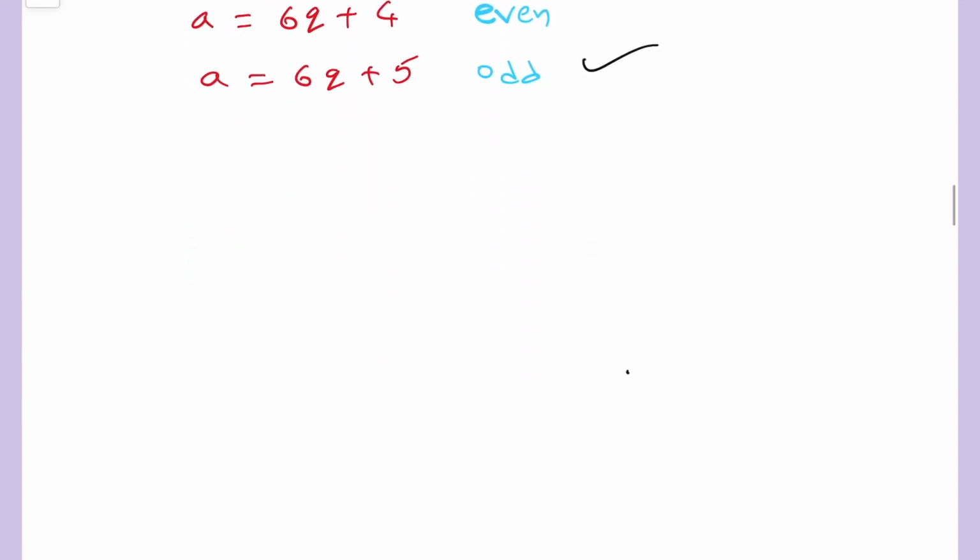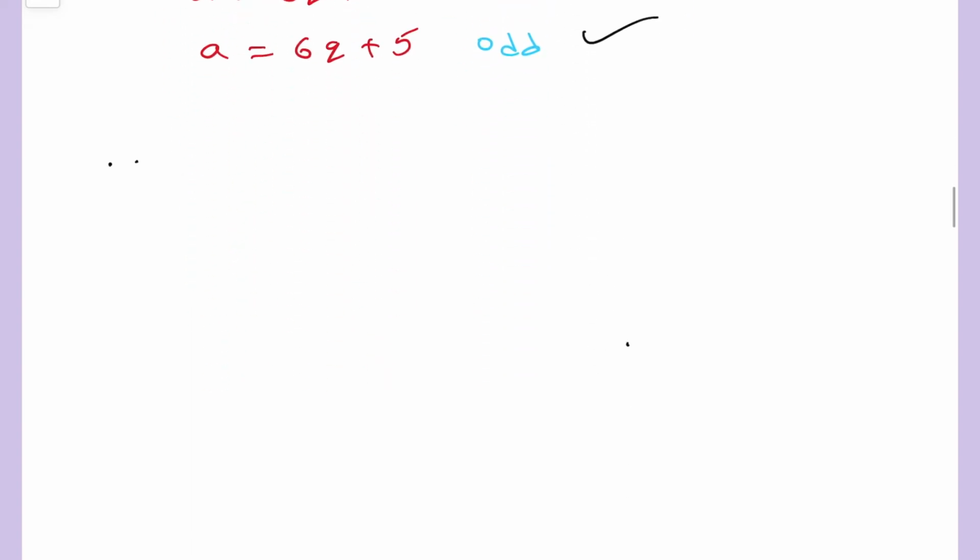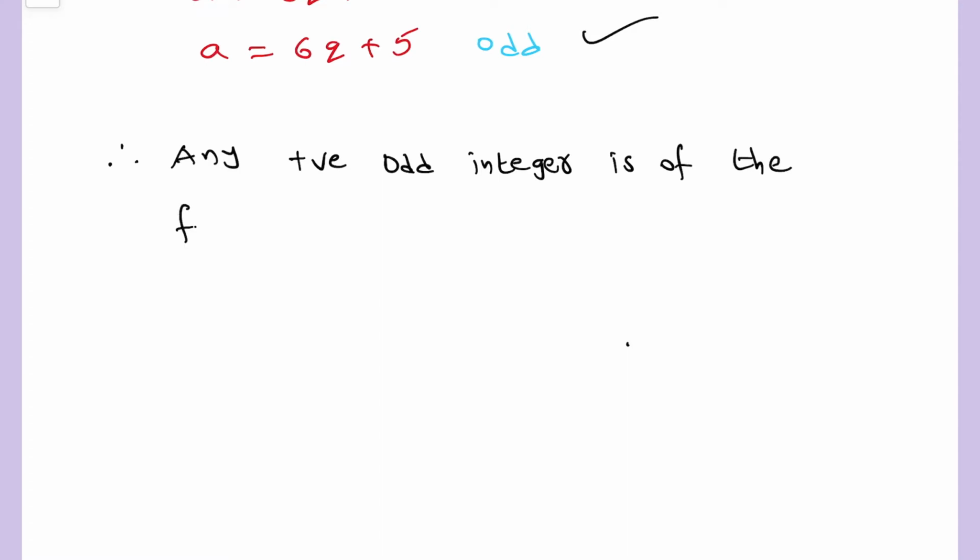So now we can decide that therefore any positive odd integer is of the form 6q plus 1 or 6q plus 3 or 6q plus 5.